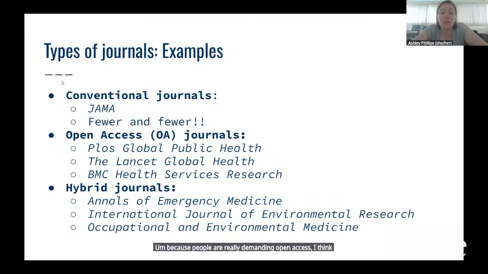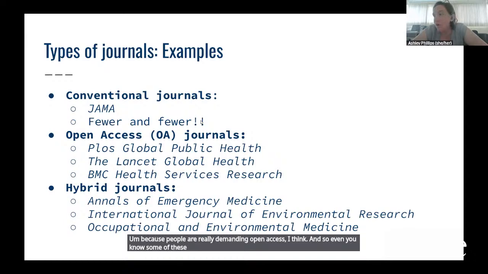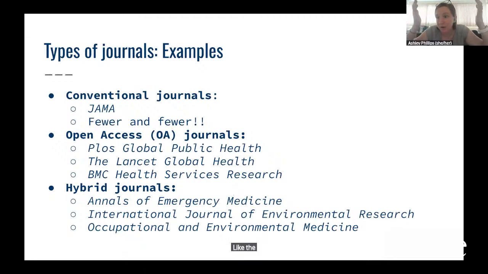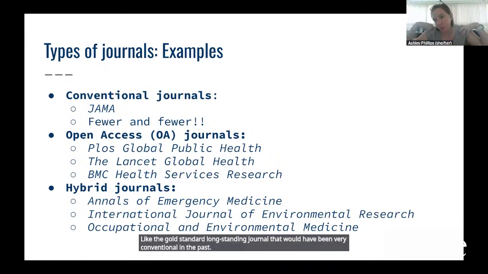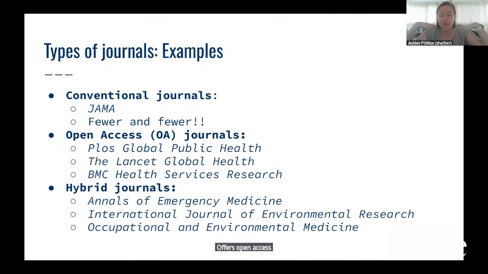And so even some of these very big, influential, long-standing subscription-based journals are offering open access options, more like a hybrid journal. So even Annals of Emergency Medicine, which we think of in this field of emergency medicine as pretty much the gold standard, long-standing journal that would have been very conventional in the past, offers open access options nowadays. So I found that pretty interesting.